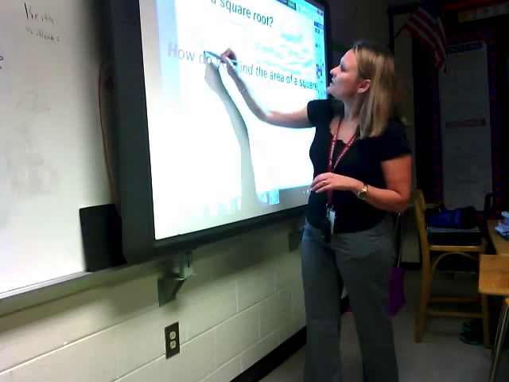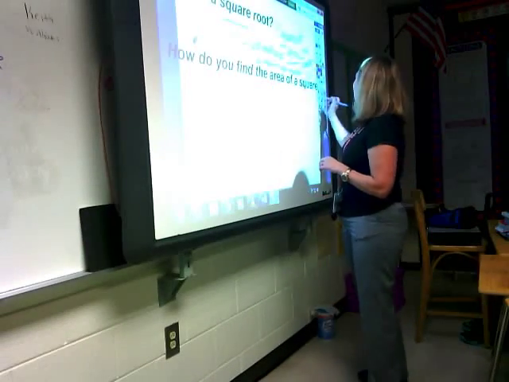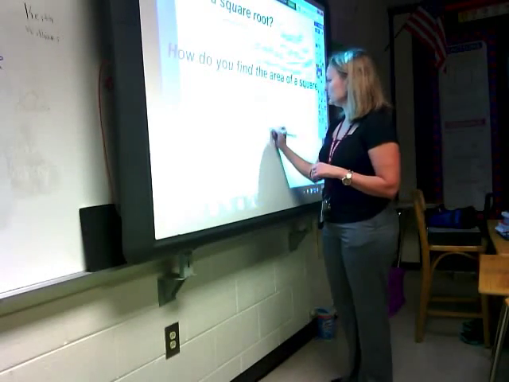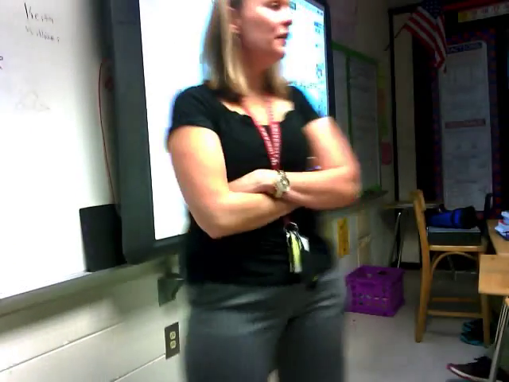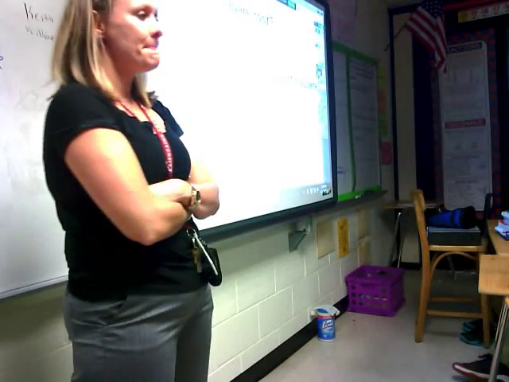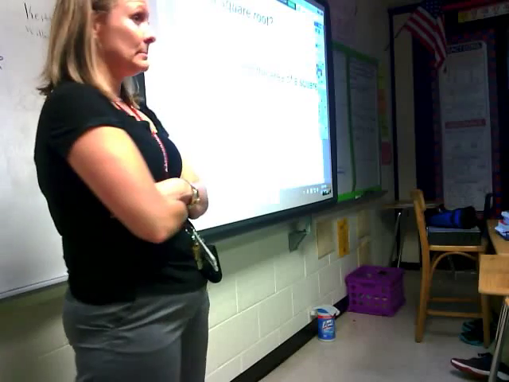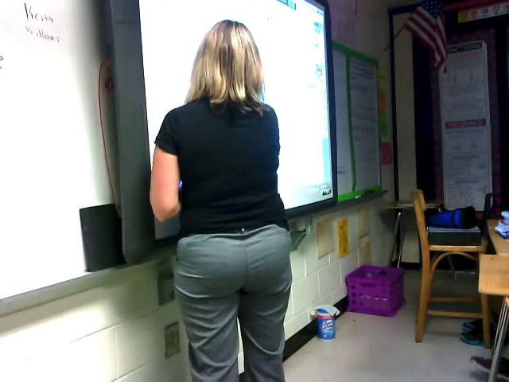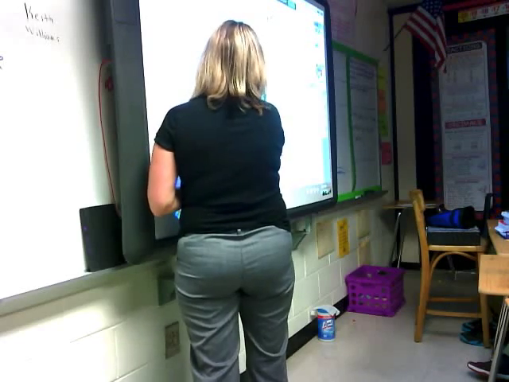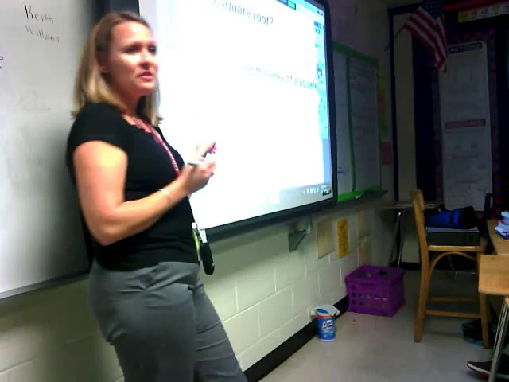Now let's look and see, if I have a square and my side length is x, how do I find the area of that square? Base times height, or length times width. But in a square, all sides are the same, right?